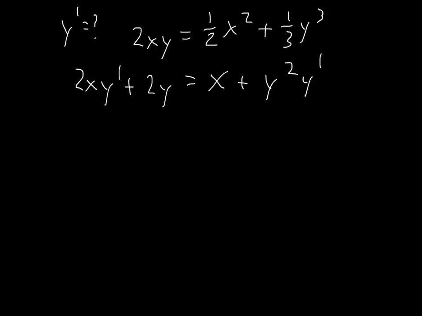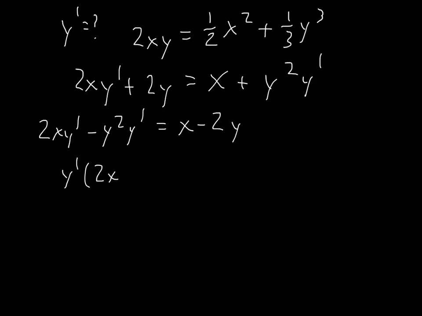So let me get my y primes together. I'd write it as 2xy prime minus y squared y prime is equal to x minus 2y. Factor out your y primes. So I'm y prime times 2x minus y squared is equal to x minus 2y.